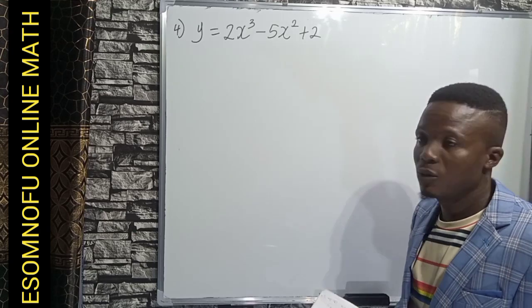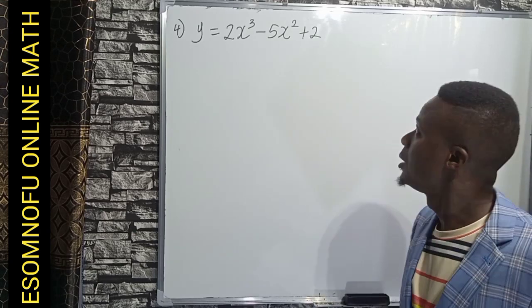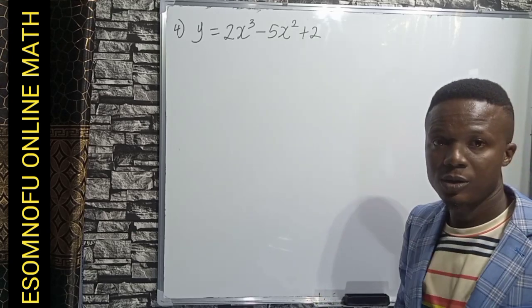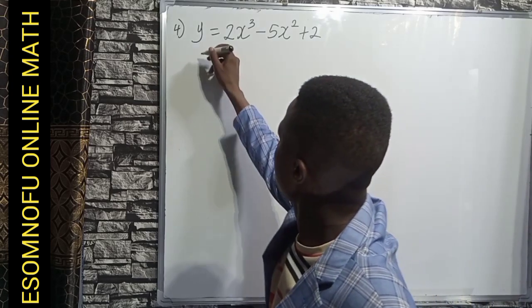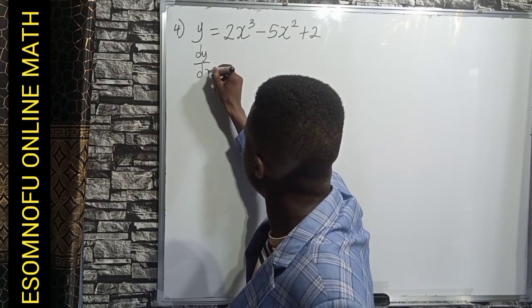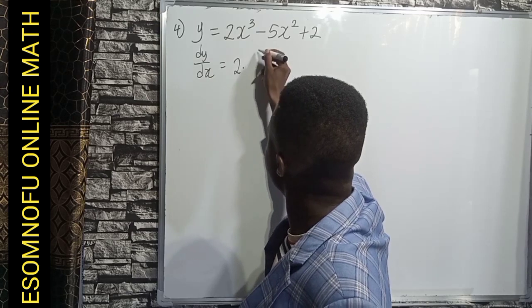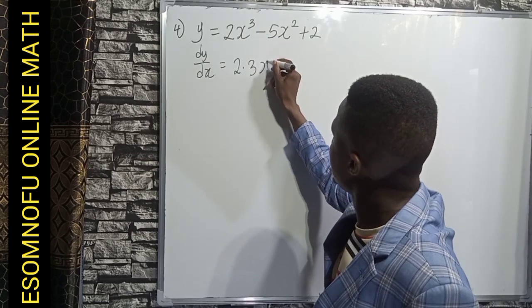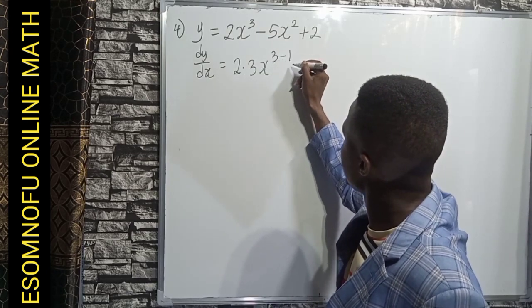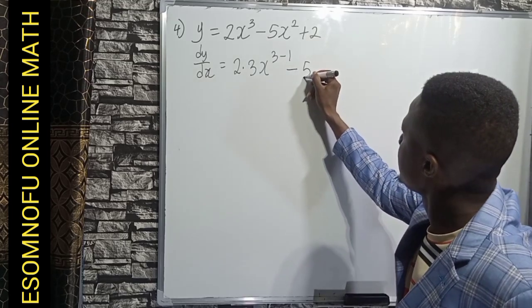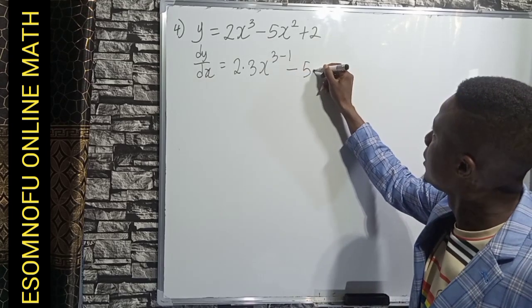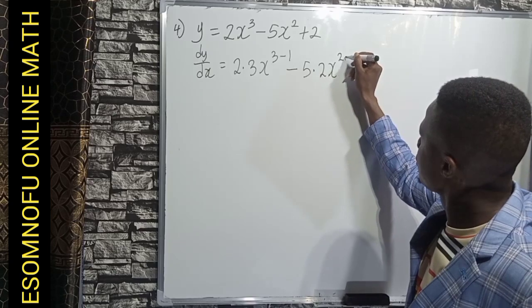Have y is equal to 2x to the power of 3 minus 5x squared plus 2. Then dy over dx is equal to 2 is here. The 3 will come to the back. X to the power of 3 minus 1. Minus 5 is here. The 2 will come to the back. X to the power of 2 minus 1.